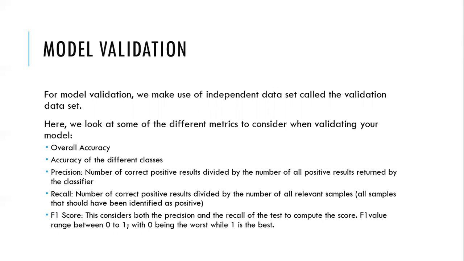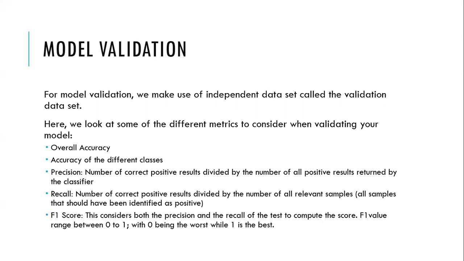So for model validation, we normally look at different metrics to consider how good our model is performing. One of the metrics we consider is the overall accuracy. How accurate is the model predicting at the overall level? Then we are looking at the accuracy of the different classes. So how good is the model at predicting whether it is a yes? How good is it at predicting whether it is a no?